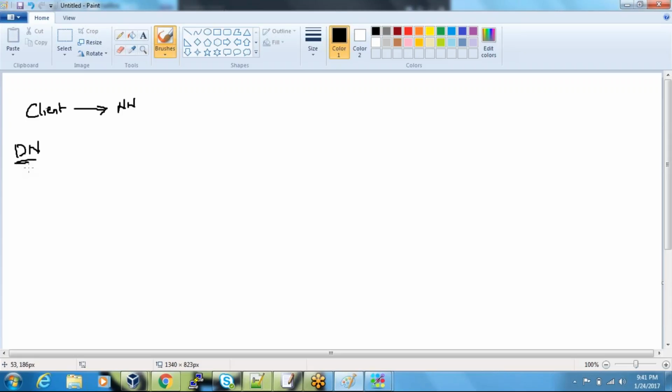So these are the slave machines, where your client will connect to those machines and start transferring the data into data nodes. And these machines will have something called job tracker, which takes care of the processing part.